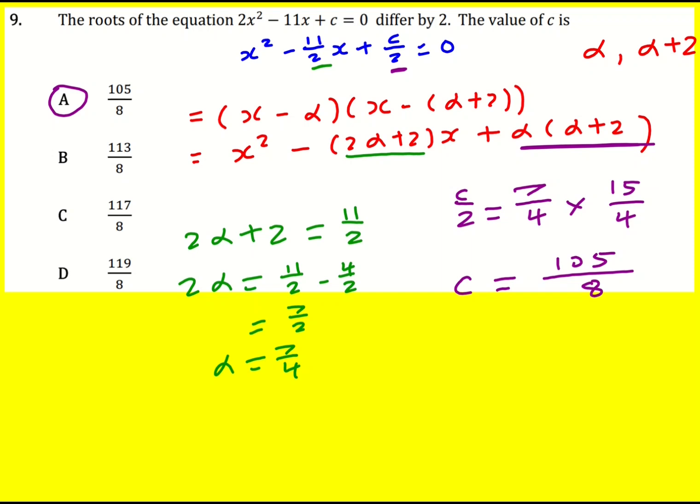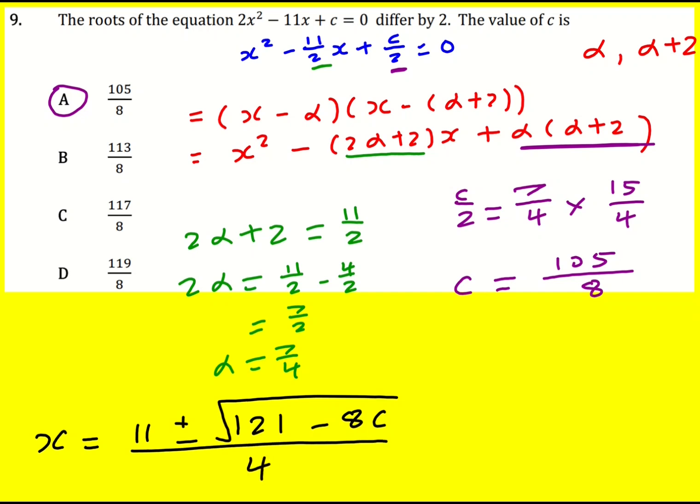Method 2, let's use the quadratic formula to get the roots in terms of c. And then we'll use the fact they differ by 2. So x will equal 11 plus or minus the square root of 11 squared, that's 121, minus 4 times 2, that'd be 8 times c, divided by 4.